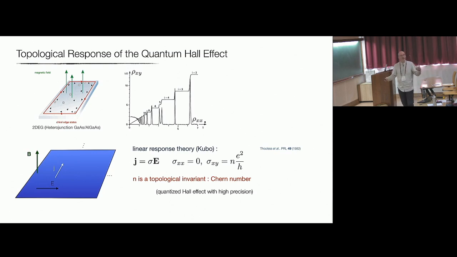In an infinite system, you look at how it's perturbed to linear order by an electric field, use, for example, the Kubo formula, and you get this relation, as was done by Thouless and coworkers, between the Hall conductivity and a Chern number, a topological index characterizing the ensemble of electrons in your quantum Hall phase.